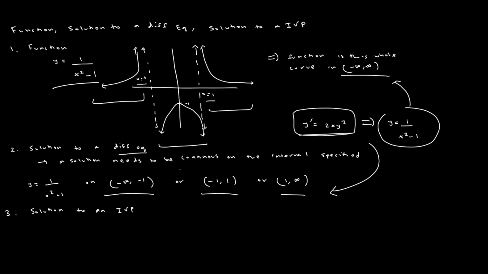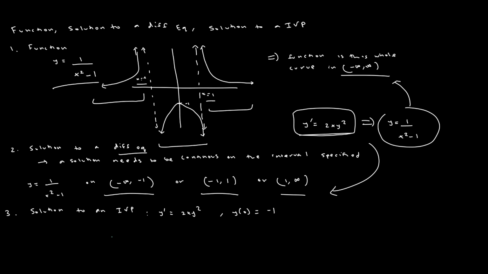Now, if we're given an initial value problem, right, we're given the differential equation, and we're also given more constraints, where we could be given something like y of 0 is equal to -1. And then we know, just looking at the graph and observing, that's this interval over here.